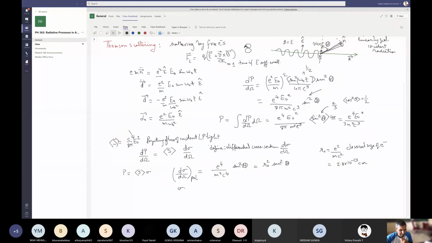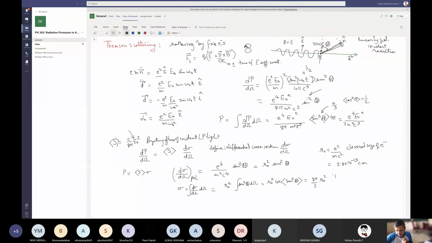Or you can take sigma equals the integral of d sigma d omega, that would be r naught squared sine squared theta d omega over all solid angles. This is nothing but r naught squared times 4 pi times the average of sine squared theta. And I told you beforehand that sine squared theta averages to 2/3. So this is equal to 8 pi by 3 r naught squared.